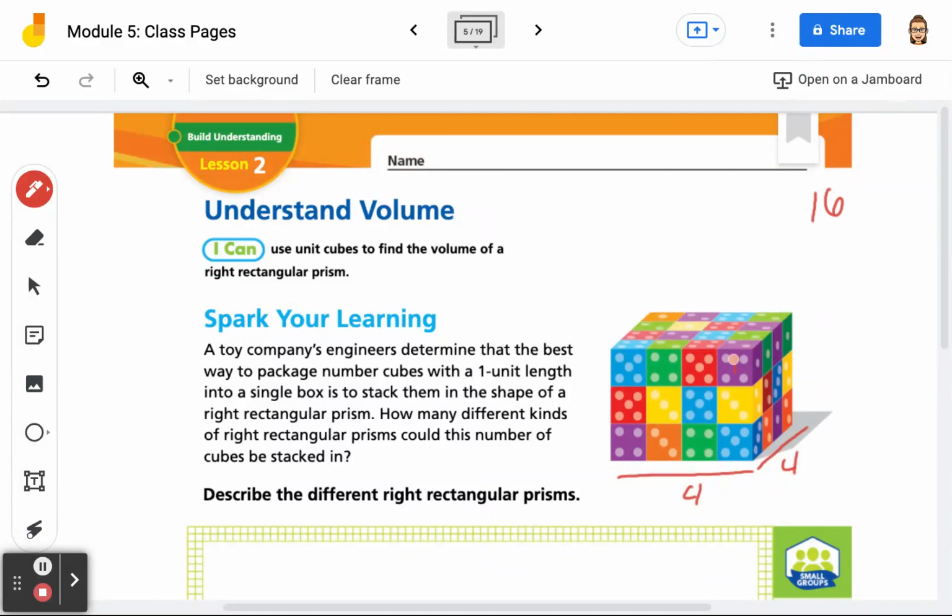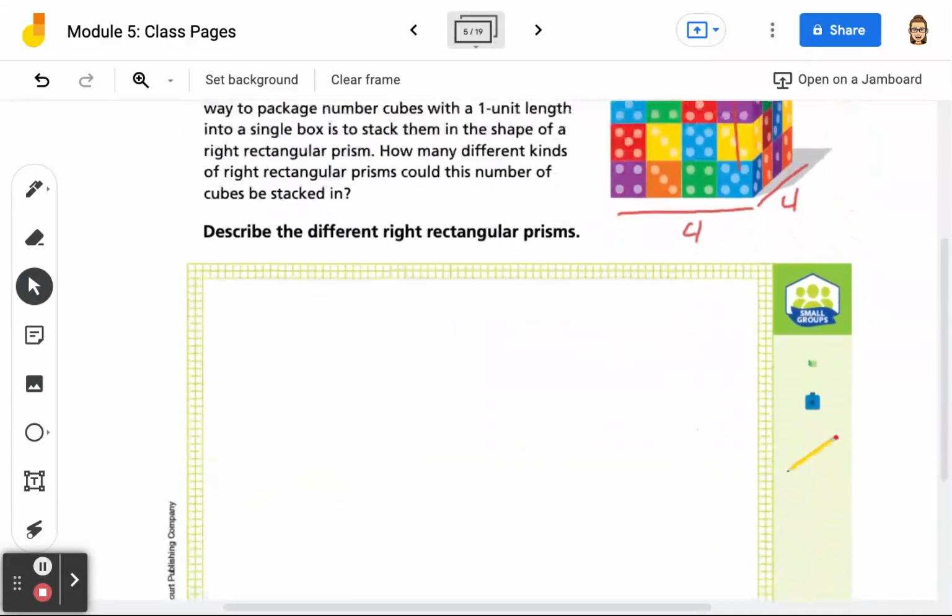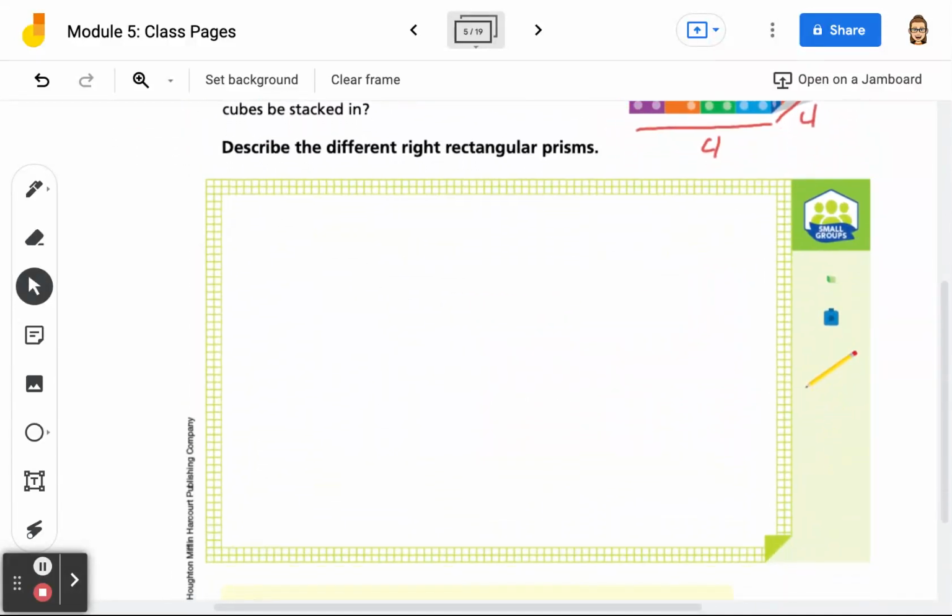And then going up, there are 3. So we're going to times that by 3, and we are going to get 48. So there are 48 cubes here. So we want to figure out what are different ways to do that.